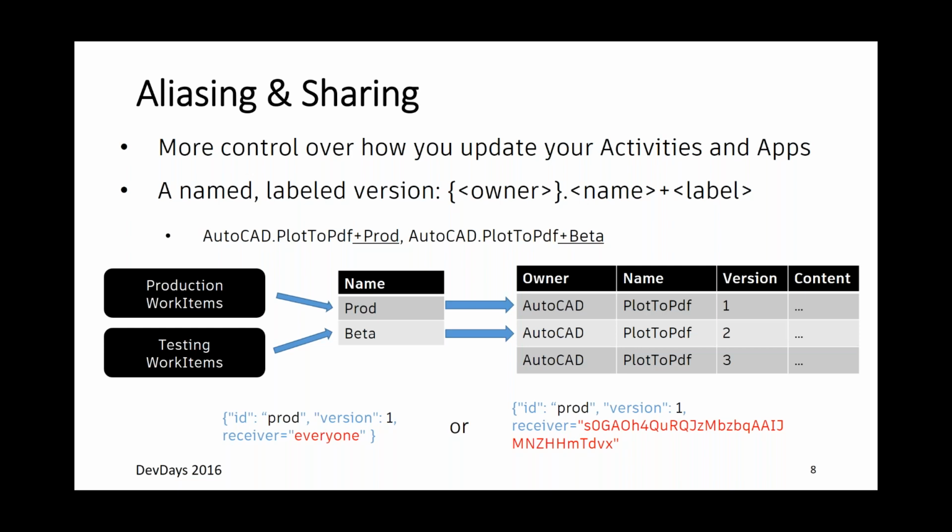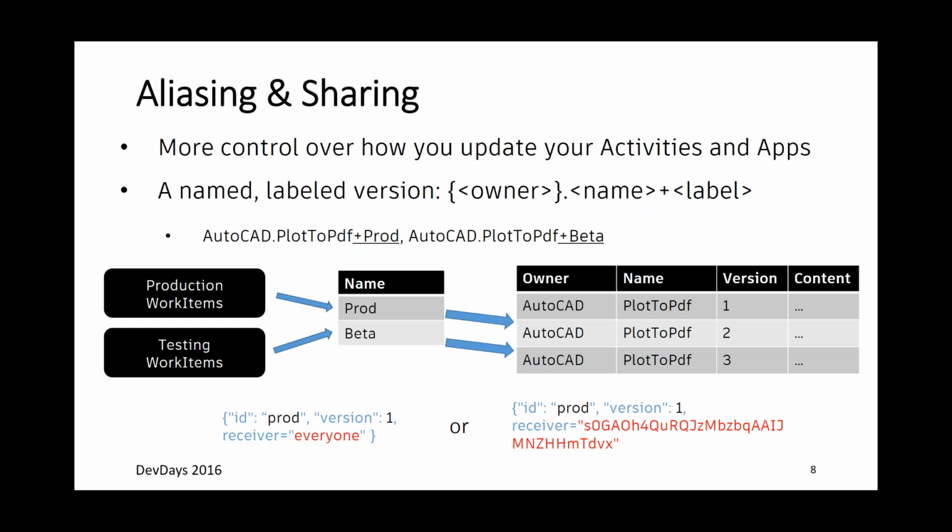With V2, if you have an explicit version referenced, then every time you update your code, you would need to notify your users of the new version, which is not very convenient. In V3, you can now use an alias so that instead of referencing a specific version of plot to PDF, you can have the user just reference a name in their work item, such as plus prod. You can then have your users keep using the prod version while you work on your next version of the application. When you're ready, you can change that new version that you've been working on to prod, and your users will automatically start using that latest version.